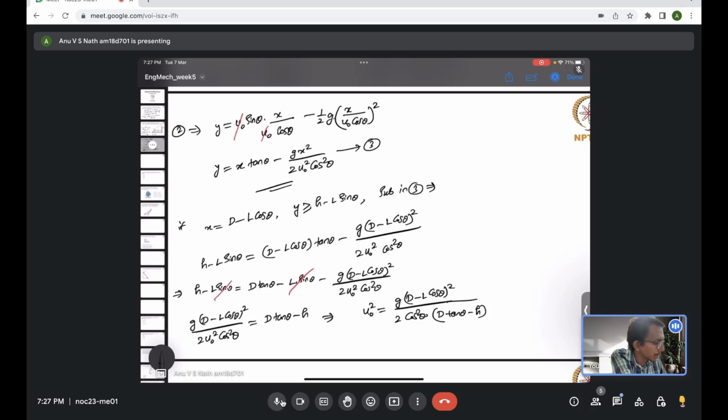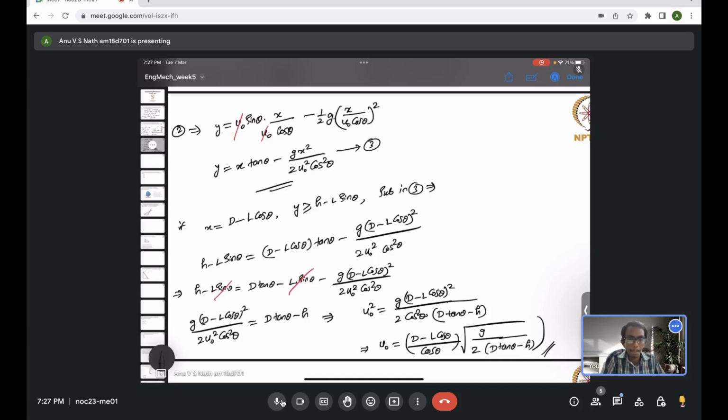Now if you take a square root, you can find the critical value of u0, which is d minus L cos theta by cos theta times square root of g by 2 into d tan theta minus h. So yeah, that is the solution.